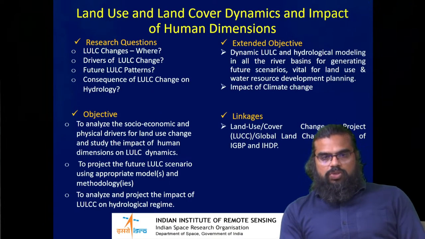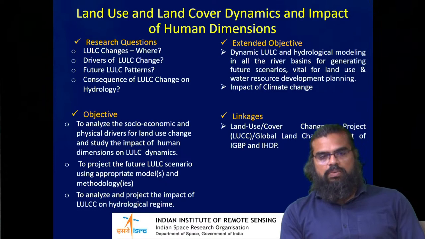So I'm just going to talk about one specific model which was built as a part of the IGBP LULC project. It was a part of ISRO's work, and one of the outcomes was this model. The overall research objective of the project was to look for decadal changes, where the changes happened in 1985, 1995, 2005.